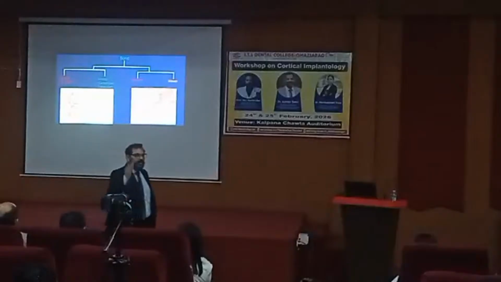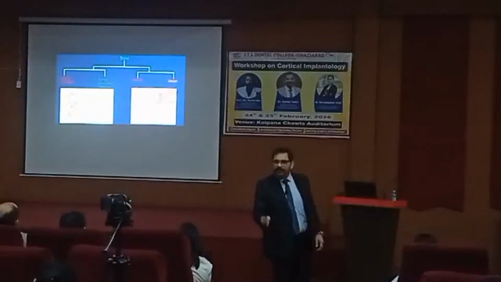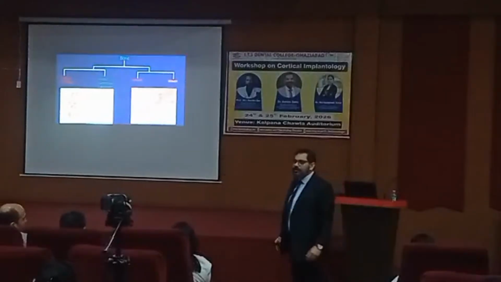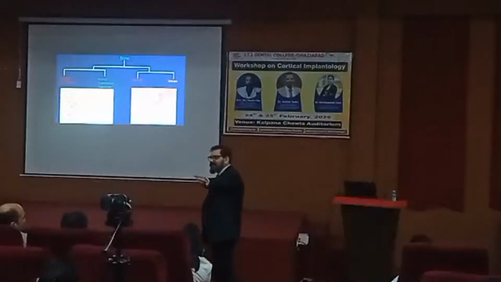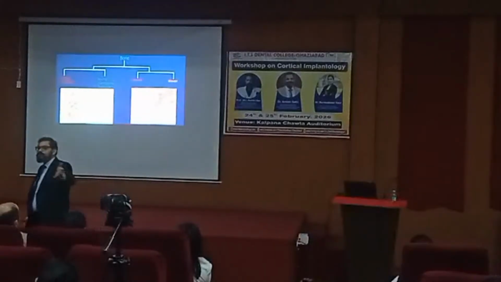There should be a minimum gap between the implant and the bone surface. That is the reason you drill only 2 mm or 2.5 mm but you place an implant of 3.5 mm or 4 mm, so that there is a close approximation, a minimum gap at the implant and bone surface interface.